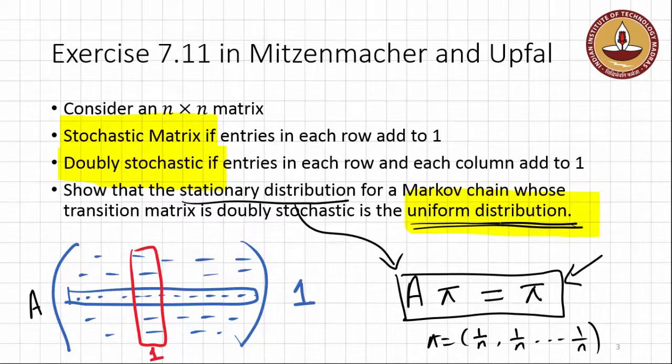That's the thing you need to verify to show that when the transition matrix is a doubly stochastic matrix, then the Markov chain will have the uniform distribution. So take a few moments to work that out. That will be your first warm-up exercise.